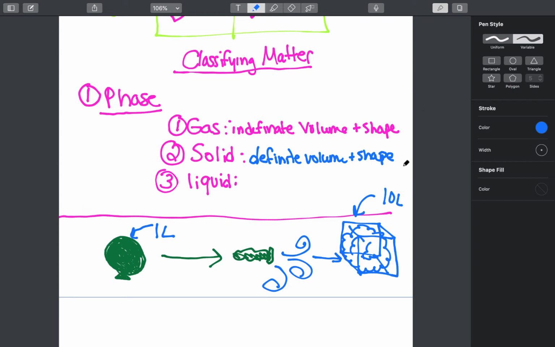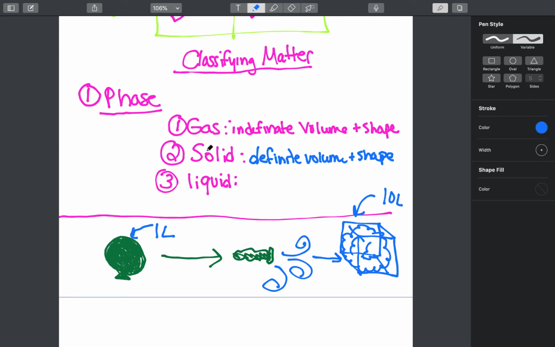It also has the shape in whatever form the water took. So let's say you put it in an ice tray. The ice cube will have this cubic shape, so it has a definite shape. It also has a definite volume because no matter where you put the solid, it will always have the same volume. So that's why solids have a definite volume and a definite shape.